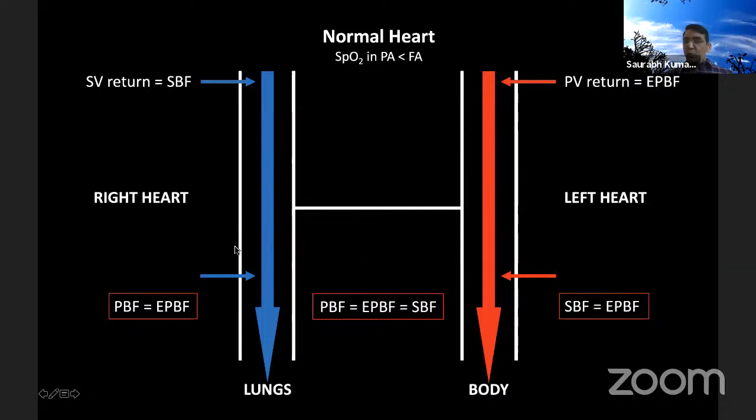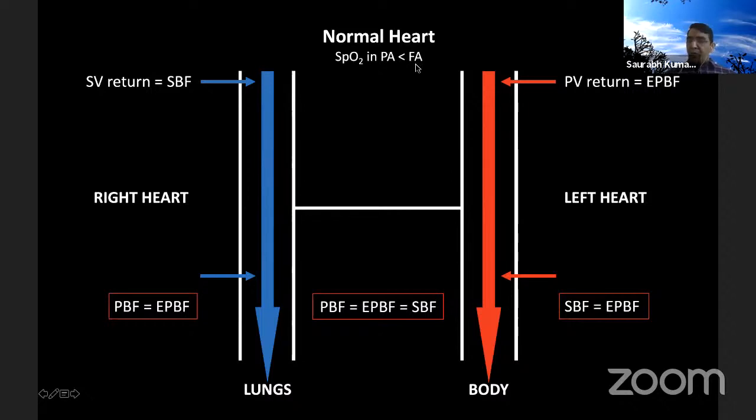And since the whole of the systemic venous return is getting oxygenated in the lungs, it is effective in terms of generating oxygenation. So it is also equivalent to effective pulmonary blood flow. So in a normal heart, pulmonary blood flow is equal to effective pulmonary blood flow, which is equal to systemic blood flow. And the saturation in pulmonary arteries is less than the saturation in femoral artery.